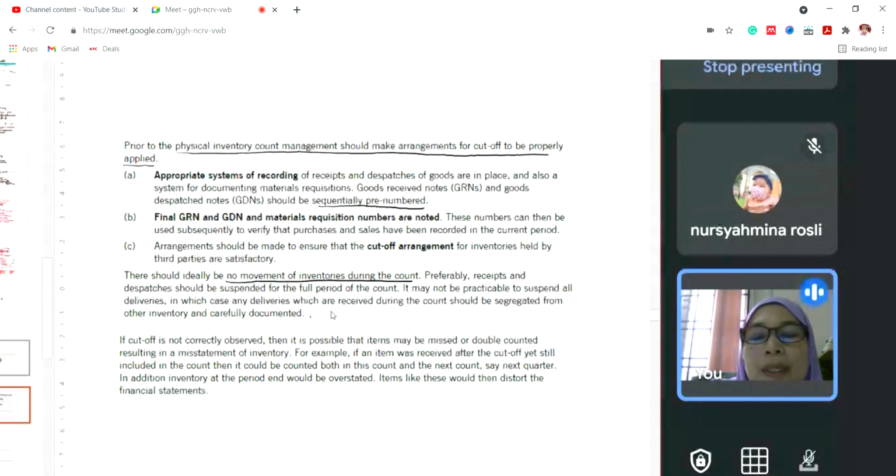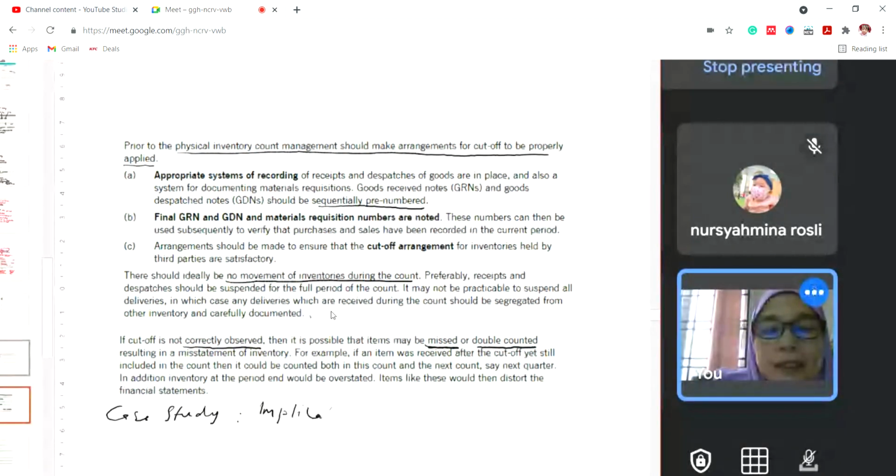So what happens if the cut-off is not correctly observed? Then it is possible that items may be missed, understated or double counted, resulting in a misstatement of inventory. You might apply this situation when you answer the case study question, where you have to think on the implication of the situation.